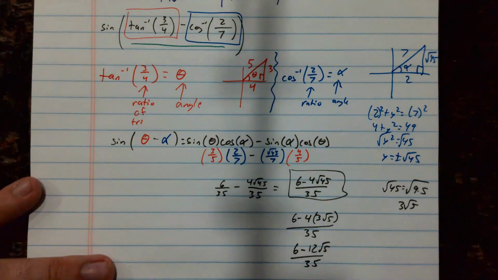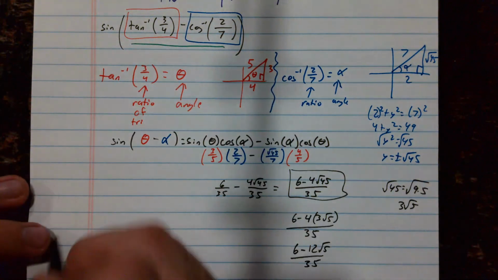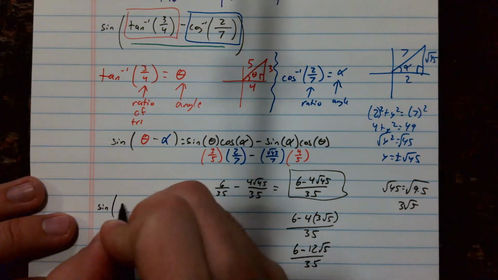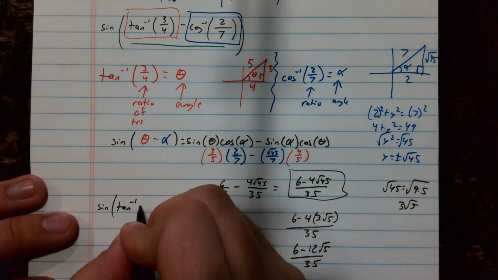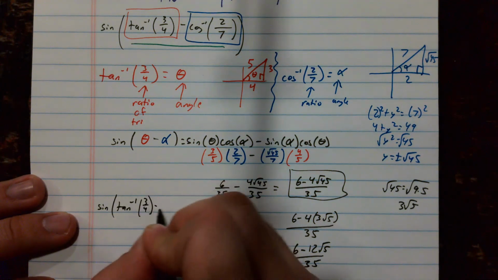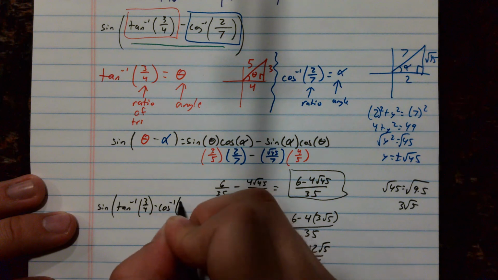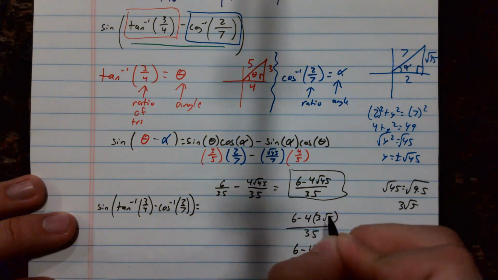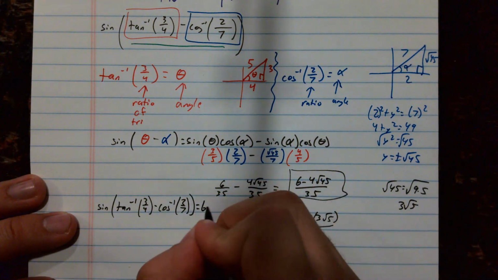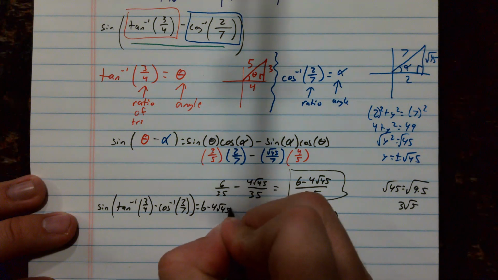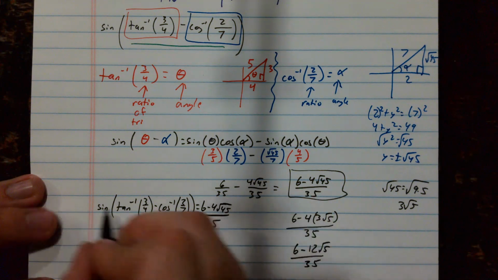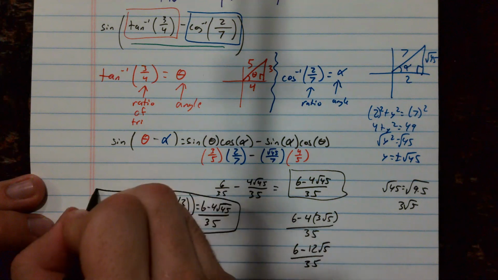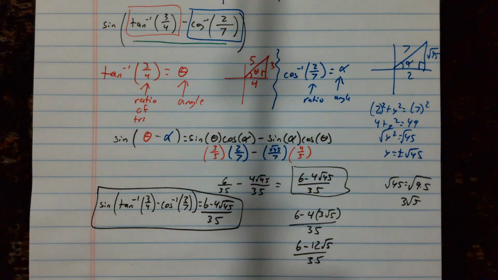Either way, this whole long big mess, sine of tan inverse of 3/4 minus cosine inverse of 2/7 equals, I'm going to just use my original one, 6 minus 4 root 45 all over 35. And that is my final answer.